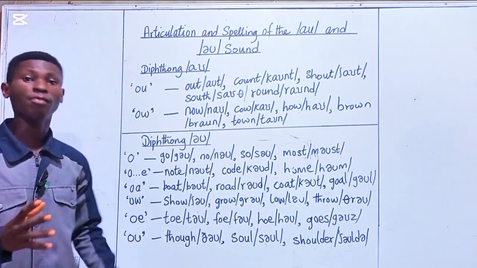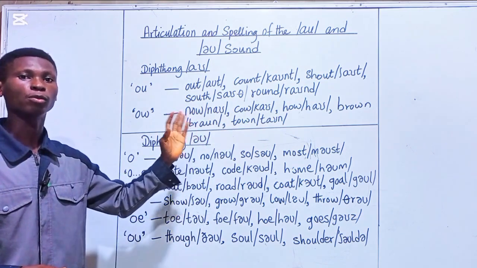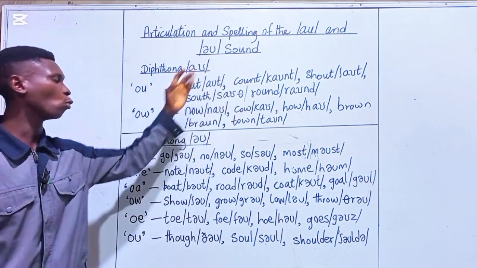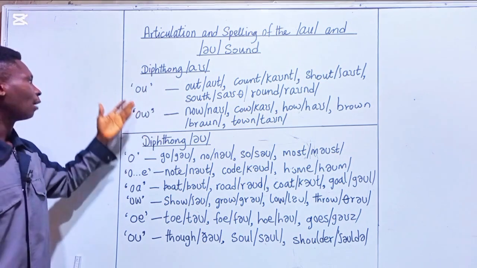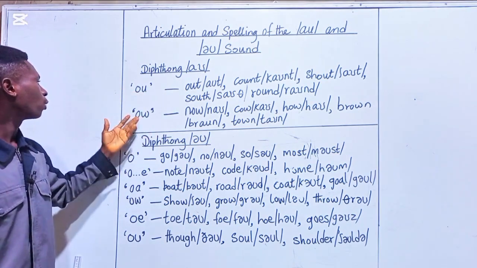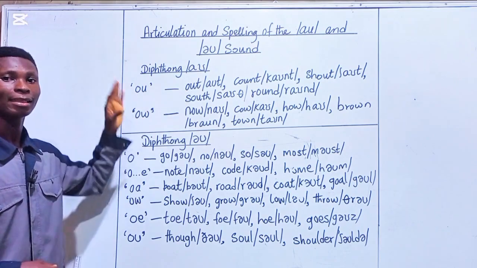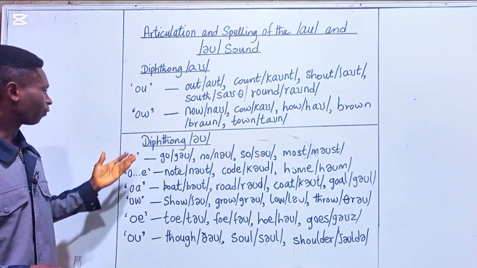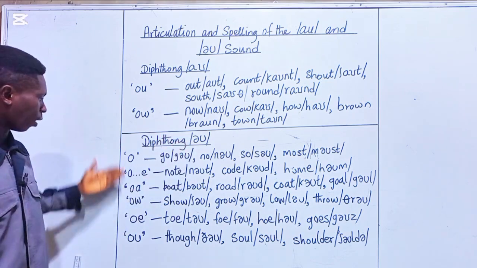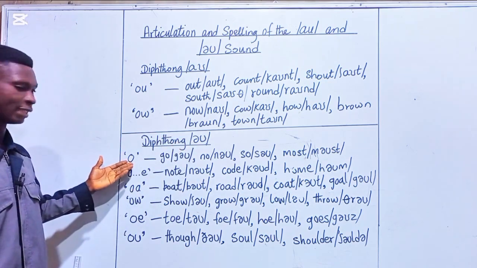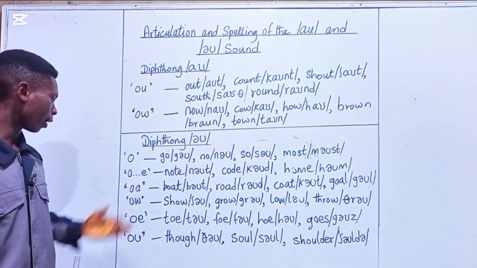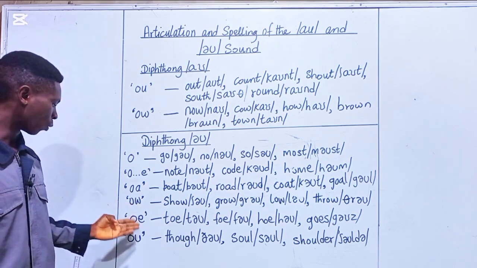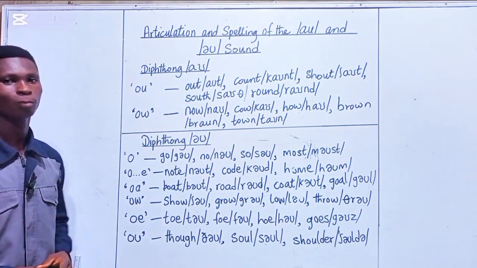That's based on the movement of the tongue to the high back vowel /ʊ/. So for the /aʊ/ sound, we have OU and OW as the obvious spellings. Then for the /əʊ/ sound, we have all these, ranging from letter O to O-consonant-E to OA to OW to OE to OU.